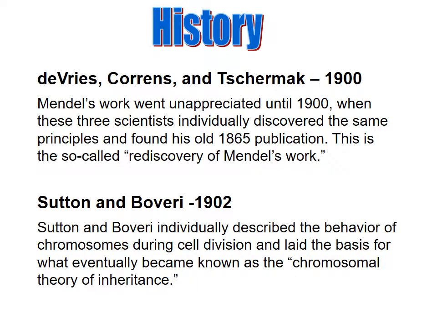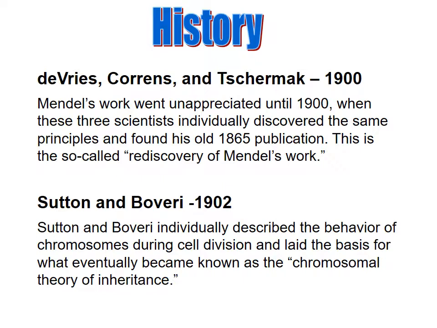And each of them thought that they had come up with something brilliant, which they had, but unfortunately for them, they found Mendel's publication, and that means in science you have to give credit to the first person who discovers something. But it's called the rediscovery of Mendel's work because it seems like in 1900 the rest of the world was ready to understand what Mendel was talking about.